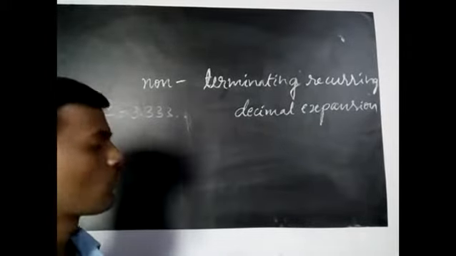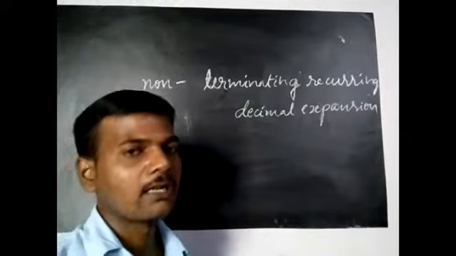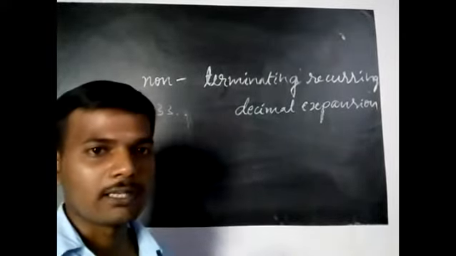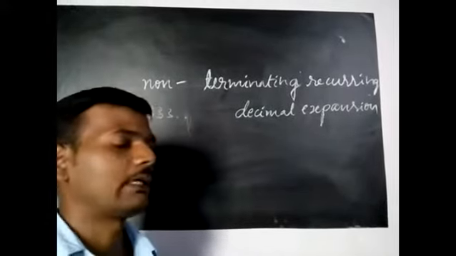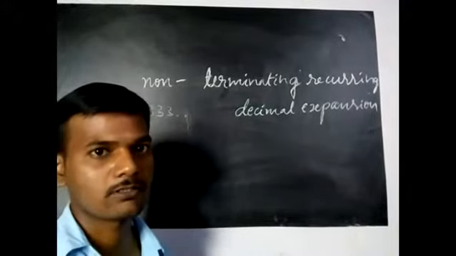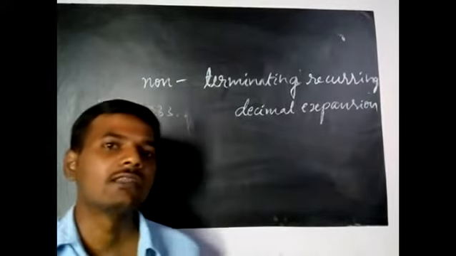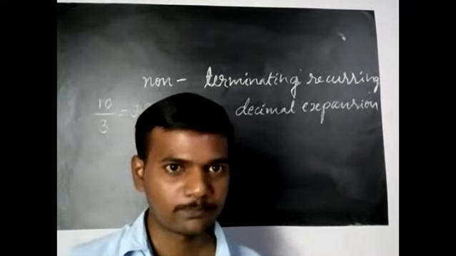The remainders will not become zero, and the digits after the decimal point are repeating. So that's why these are repeating and non-terminating recurring decimal expansions. Now we can convert these kinds of decimal expansions into p by q form.